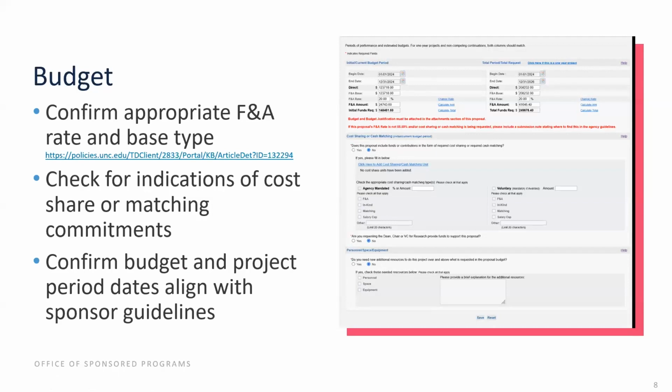And here we are on the budget page. Once again, the information put here in the budget page needs to match what is in the attached internal budget and needs to match what is in the submitted sponsor budget. Now, UNC policy requires us to charge the maximum allowable federal negotiated F&A rate based on the location and type of sponsored activity.